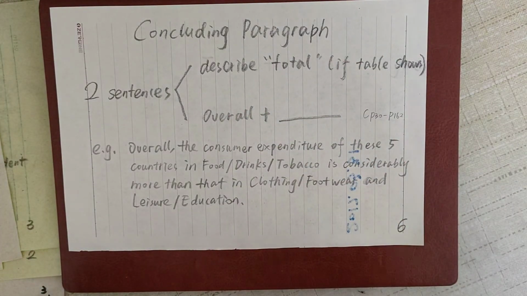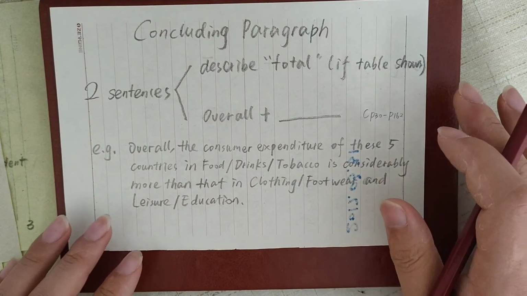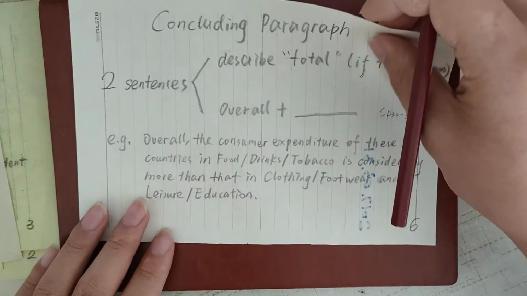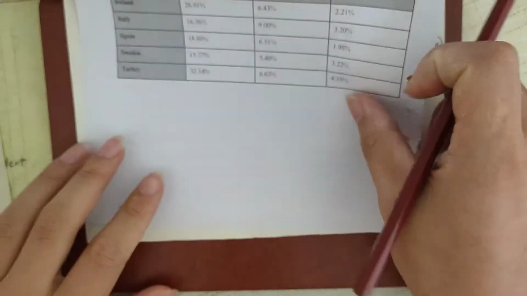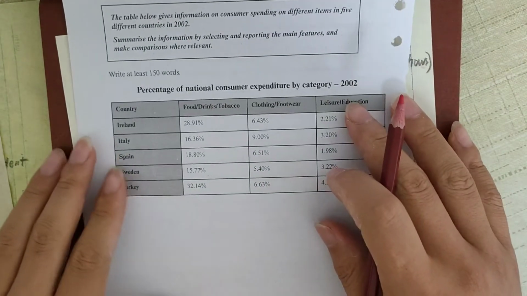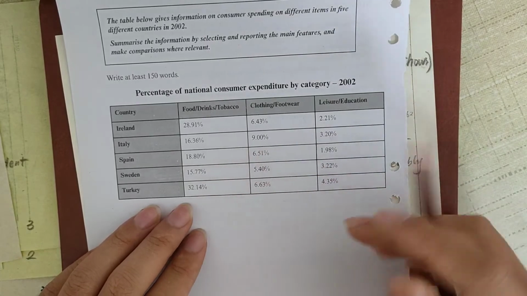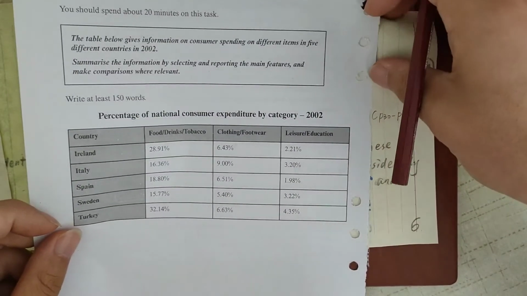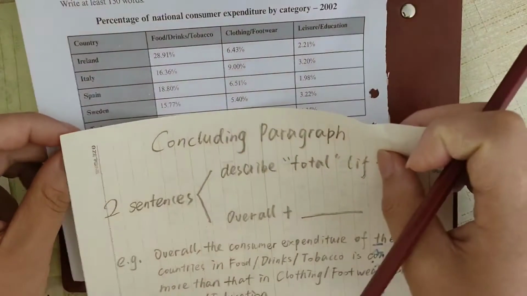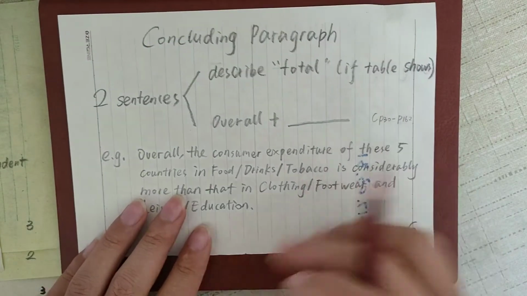You just need to write one sentence in your concluding paragraph. For example, in this question, there were no totals in the table, so we could just write this.